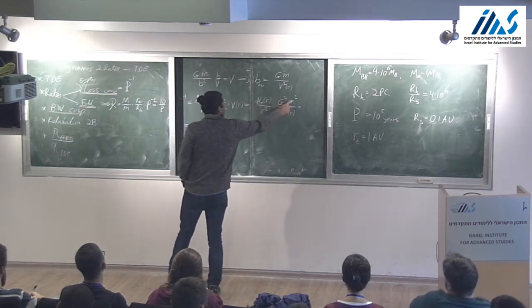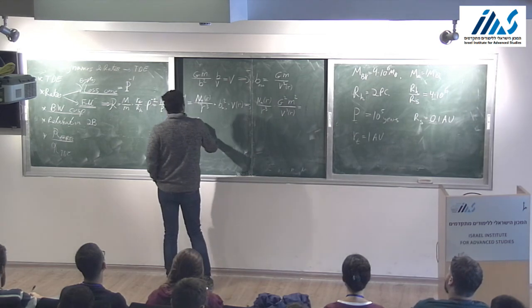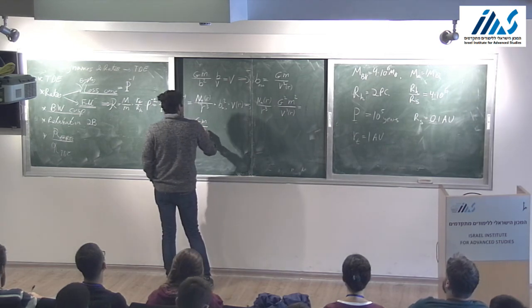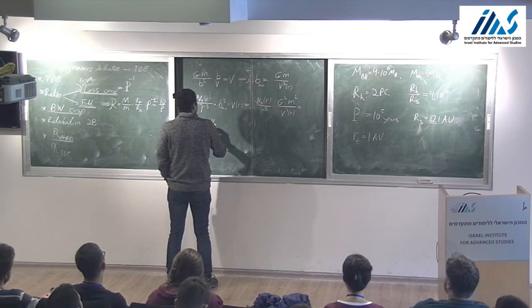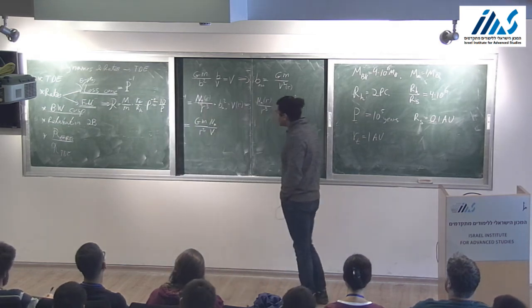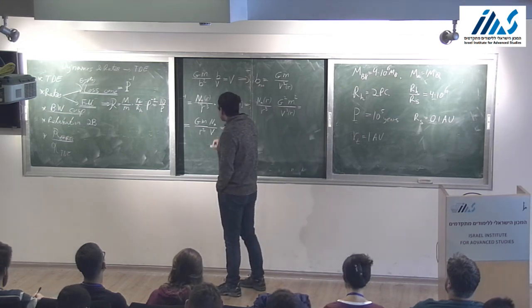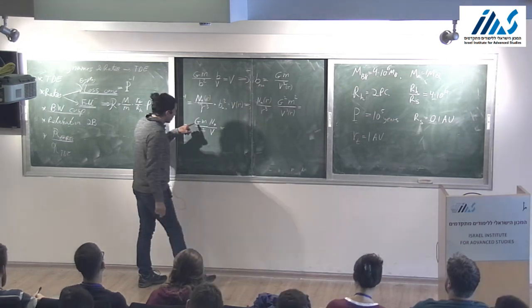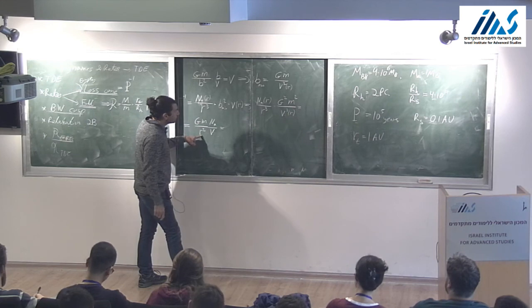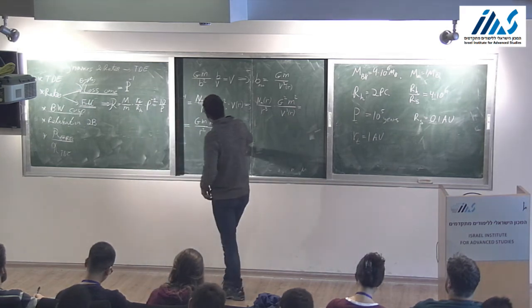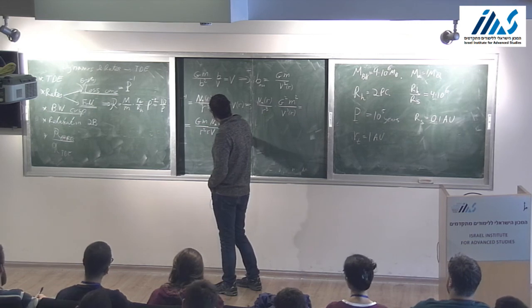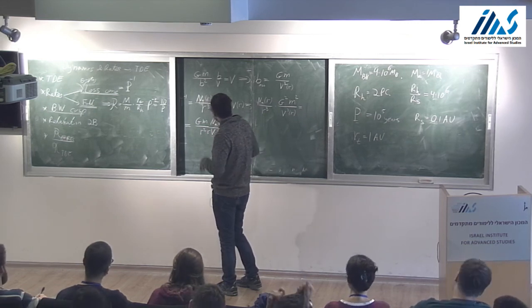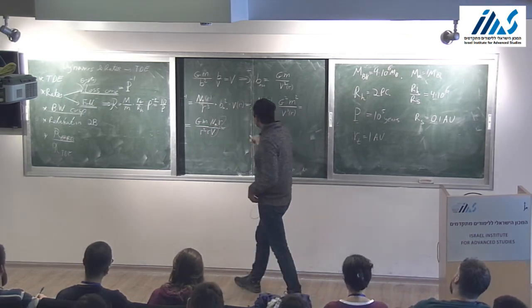So one GM over r is v squared, and then I have a GM over r squared still left, n star divided by v. And now I have GM over r cubed. I will add one r in here and one r in here. r over v is the orbital period.